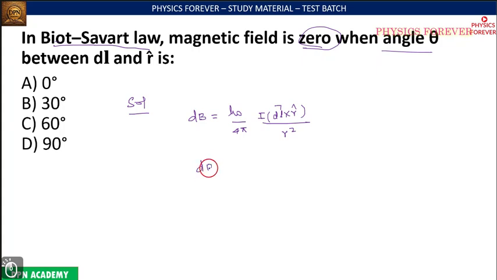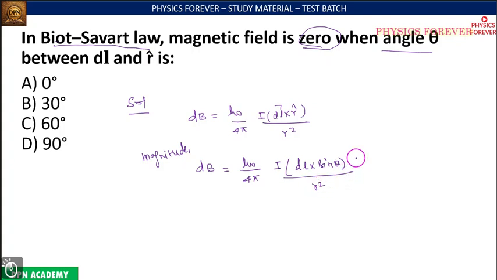In magnitude, dB is equal to mu naught by 4 pi, I dl sin theta by r square. So what is the question here?